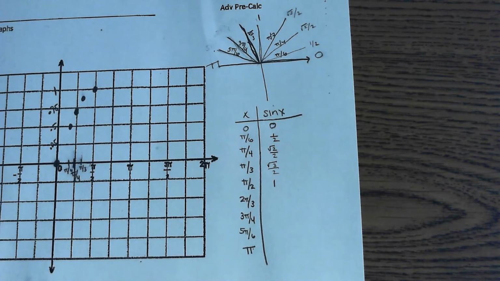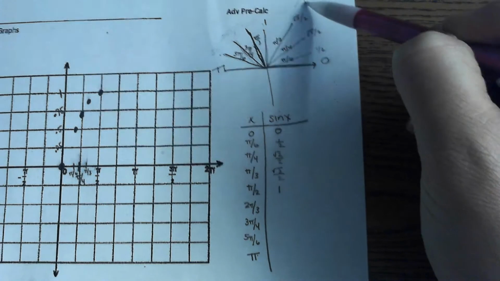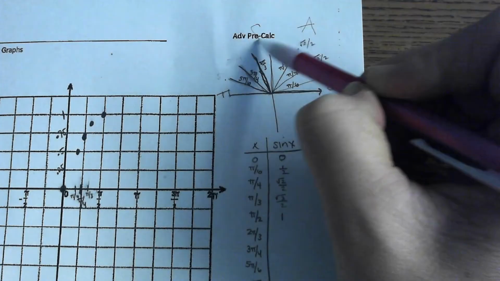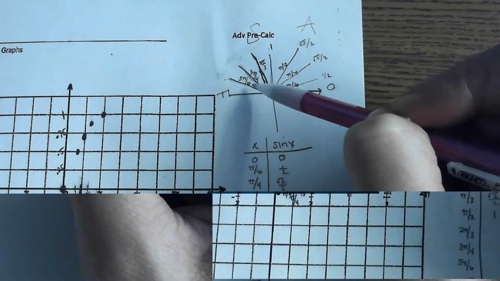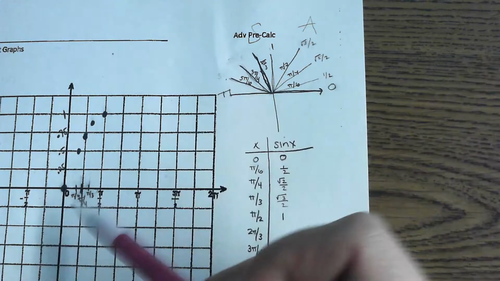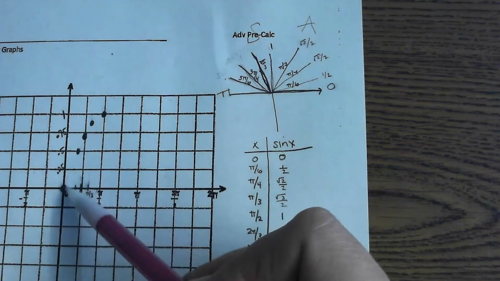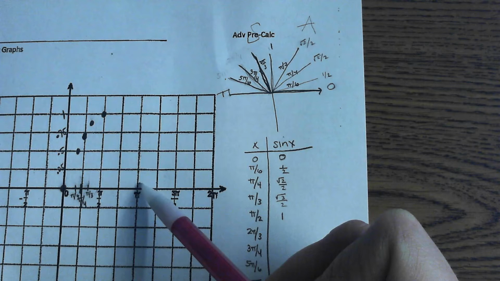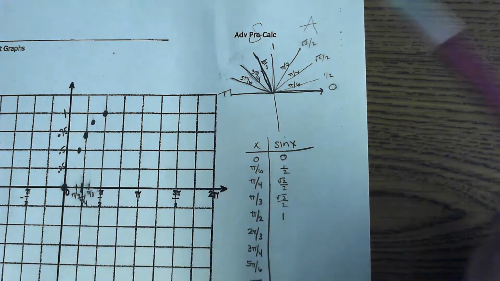So now if we go through each of those, based on All Students Take Calculus, all of these sine values will continue to be positive, right? And we see that on the graph because, as you know, this is going to come down. It's going to start to decrease, but it's still positive because it's still all above the x-axis, right?